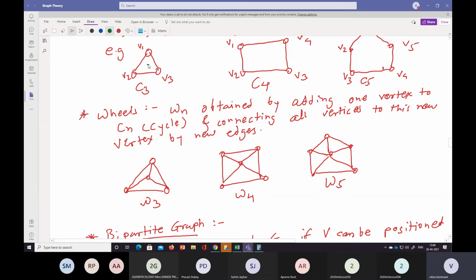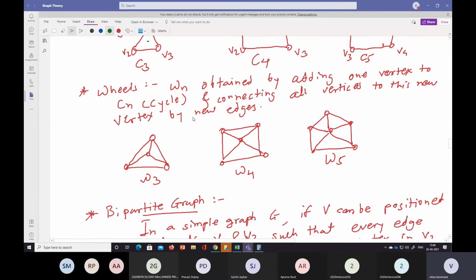That means if we add one vertex over here, it will connect to all the other vertices. If we add one over here, it will connect to all four other vertices. That is called a wheel. The wheel we get from the cycle.